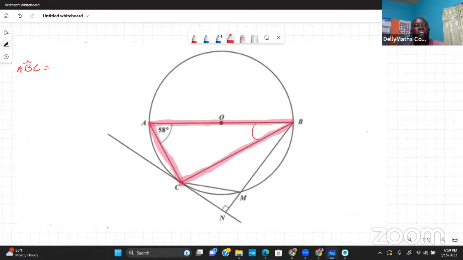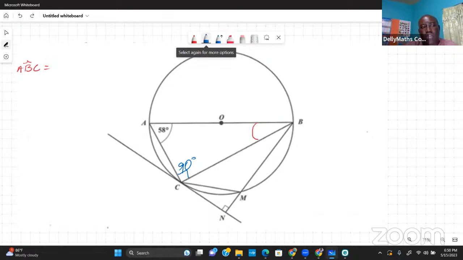You want to use that to jog your memory, because I don't have enough information yet. But when I look closely, I realize that's a right angle here, because angle in a semicircle is 90. So this angle here is 90 degrees. Because I am aware of that now, I can find this, because it's going to be the third angle out of those three.